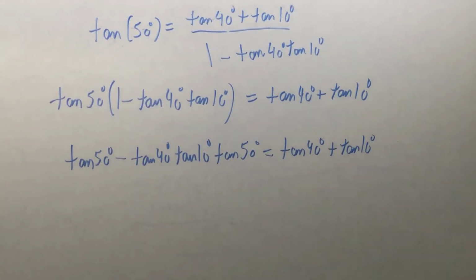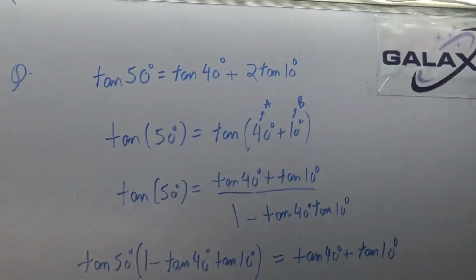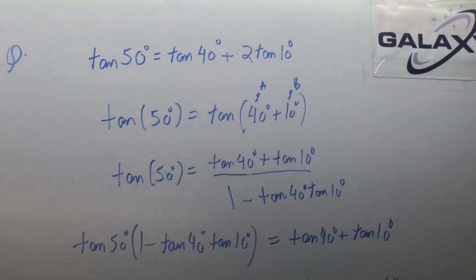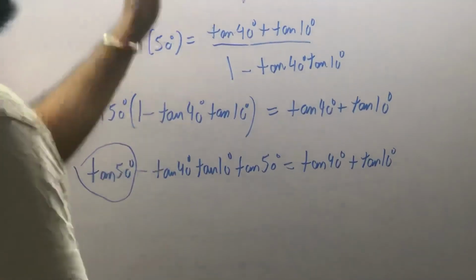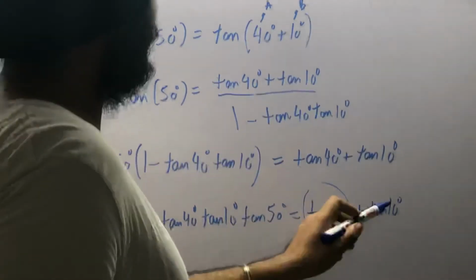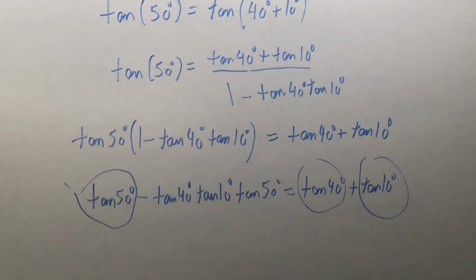Now we have brought it quite similar to this expression, but we have to do some modifications. We got tan 50 already, tan 40 already, tan 10 already. But there should be a 2 in front of this, there should be one more tan 10.